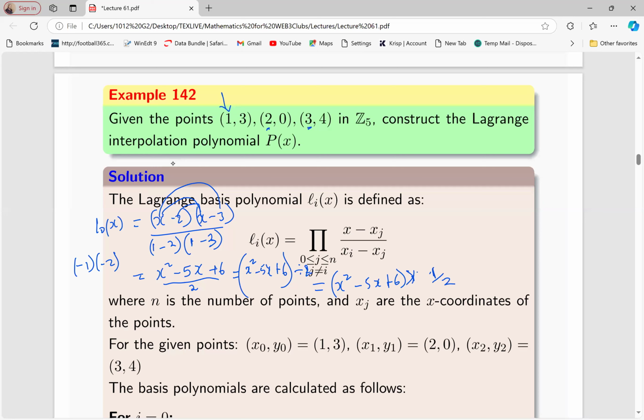But the inverse of 2 mod 5 is 3. We are using the extended Euclidean algorithm.